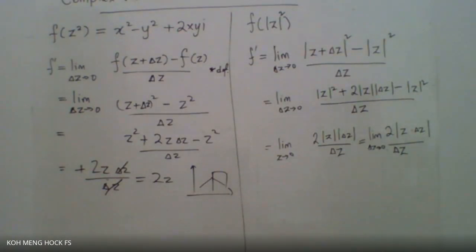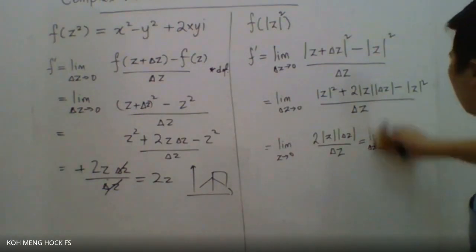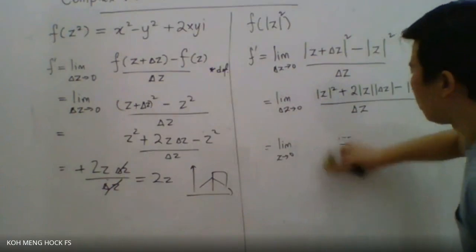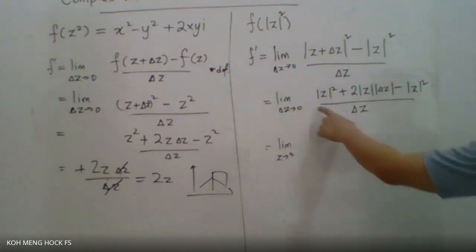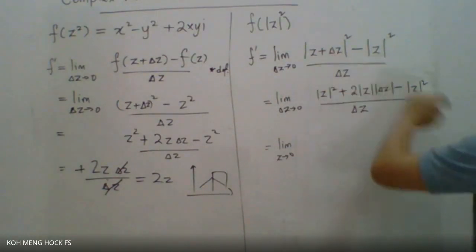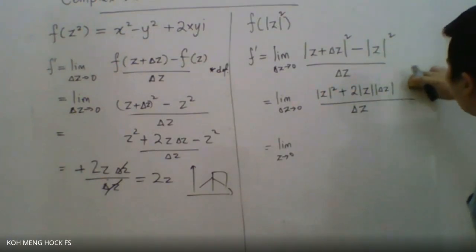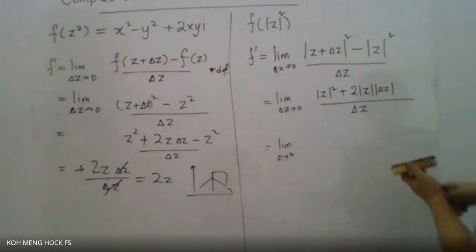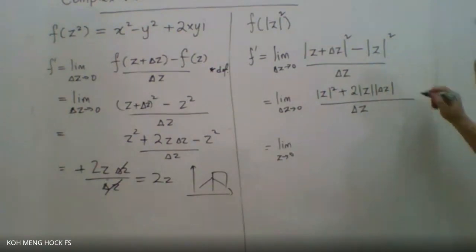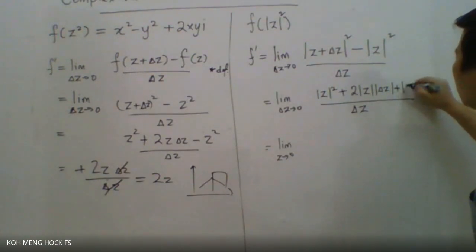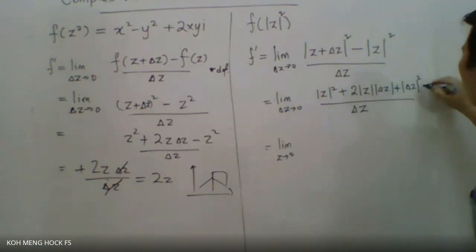Did I miss something? Okay, fine. I missed something over here because I forgot my delta z. So here I have a plus delta z squared minus z squared.